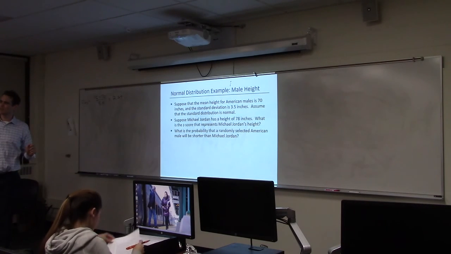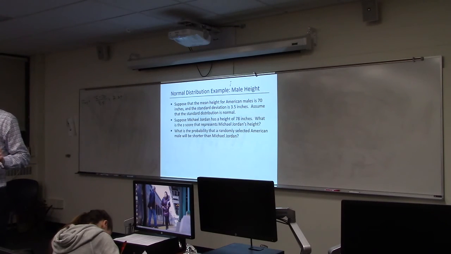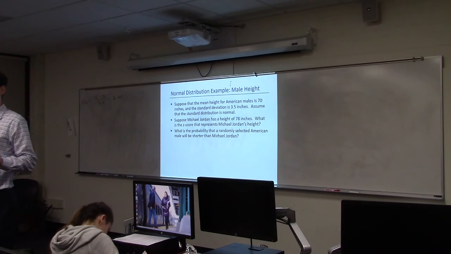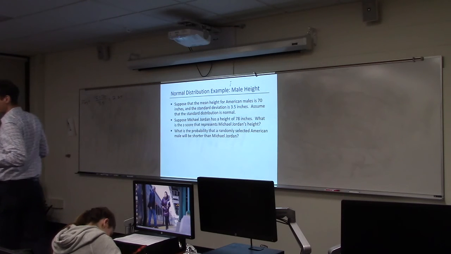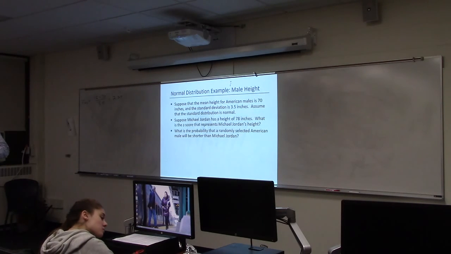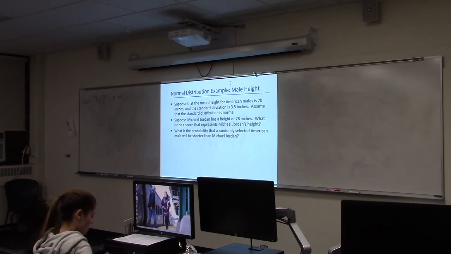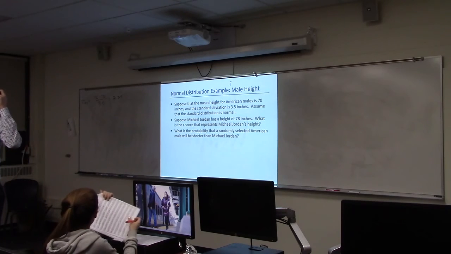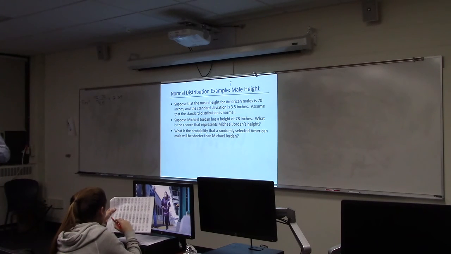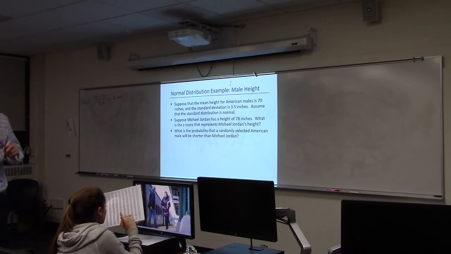How'd you get 97? You just guessed? Okay, so what we do is we look on the z table, and we look for a z-score of 2.29. And what do we see when we look under 2.29? 0.98. So that's more exact, 0.989.